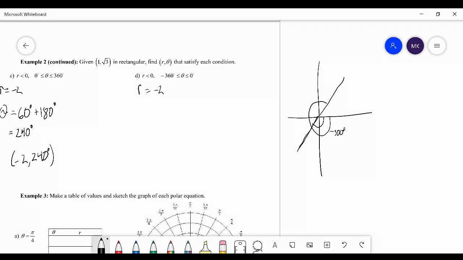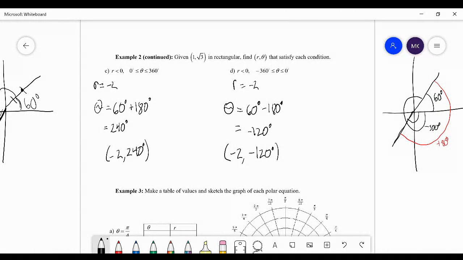We could add 180, but we could also think of this as taking the 60, but instead of adding to go positive, if I subtract 180, I get where I want to be. So our theta here is the 60 degrees minus 180 degrees, which gets us to our lovely negative 120 degrees. So this point is negative 2, negative 120 degrees.